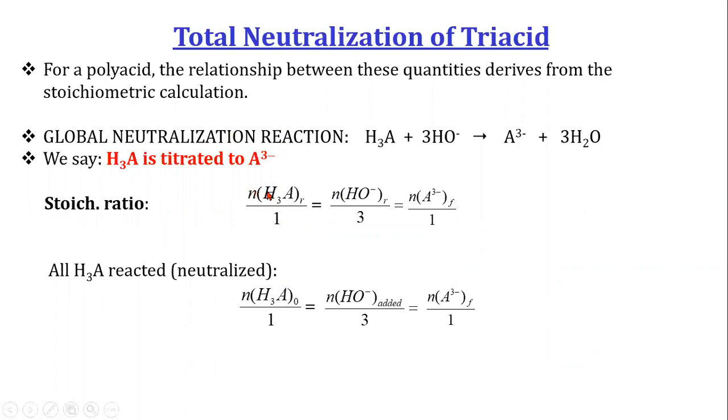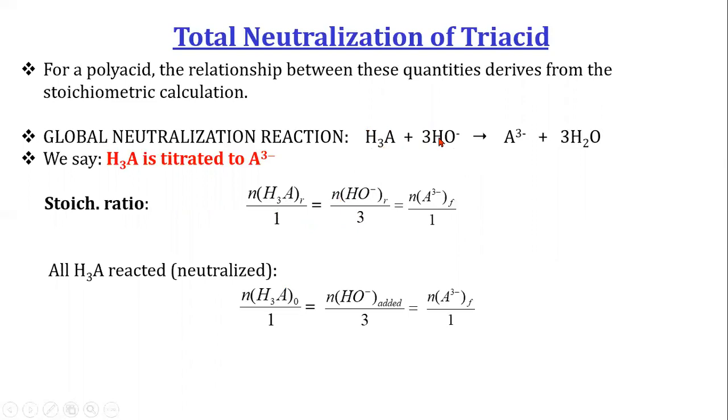So for the number of moles reacted for H3A, for example, divided by 1, that's a stoichiometric ratio of 1. Coming from this equation, I need 3 total moles of OH minus to completely neutralize all of the acidic protons for the H3A.